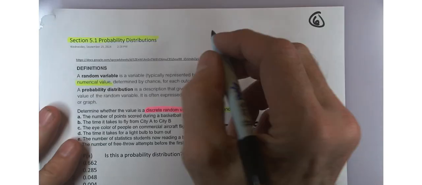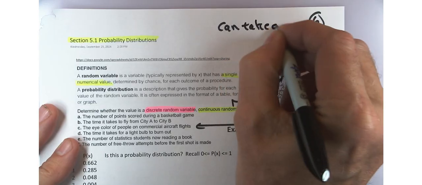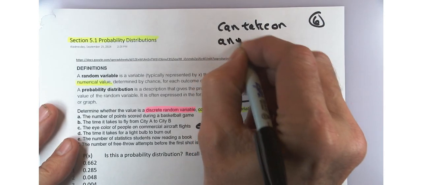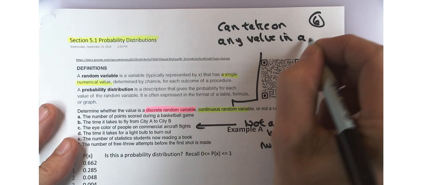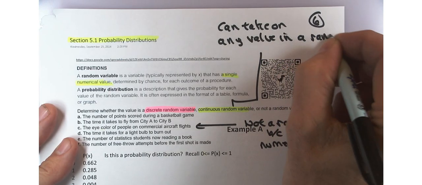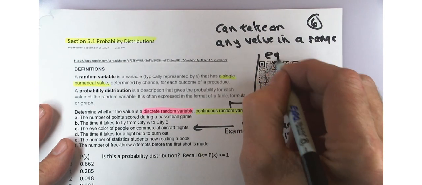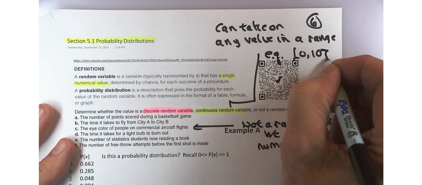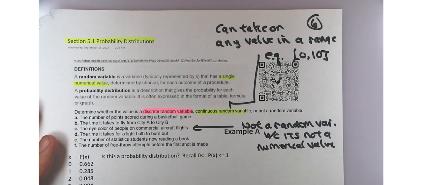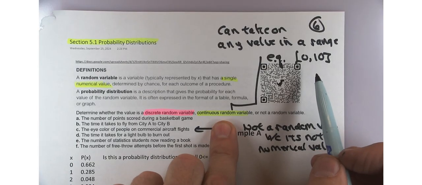So it can take on any value in a range. Maybe, for example, 0 to 10, you could have any value in there as your continuous random variable.